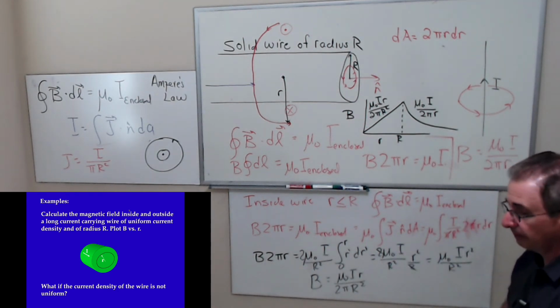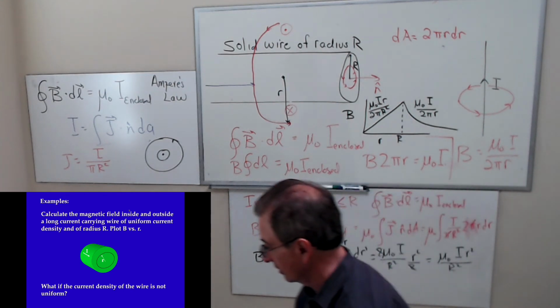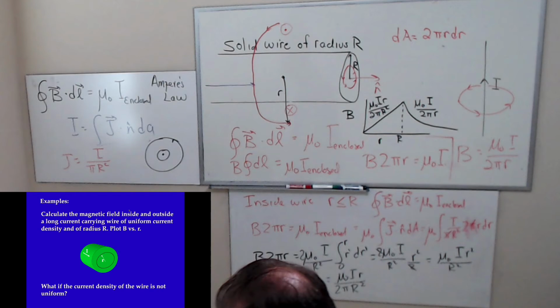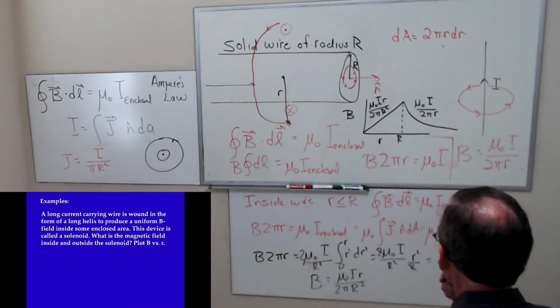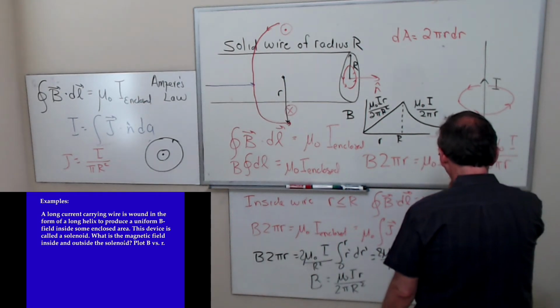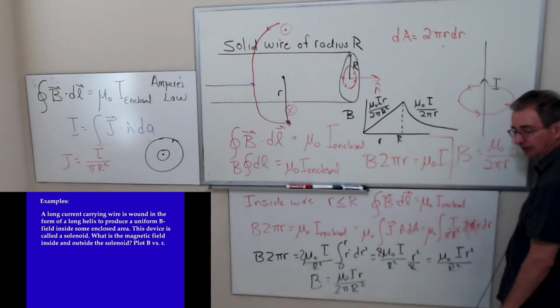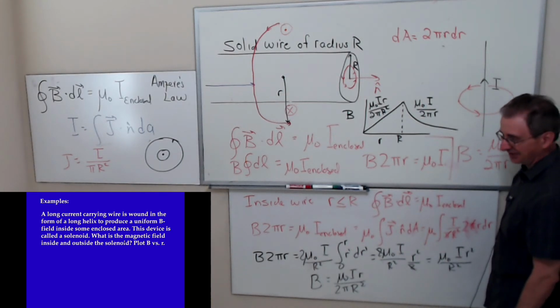Now, what if the current density was not uniform? Then what? Do we have to integrate for it also? Yeah, we couldn't pull stuff out. It'd be part of the integral, right? And you guys have done that before, right? Yeah.